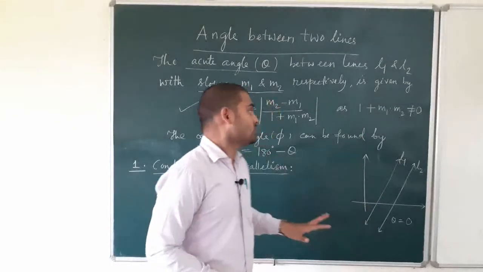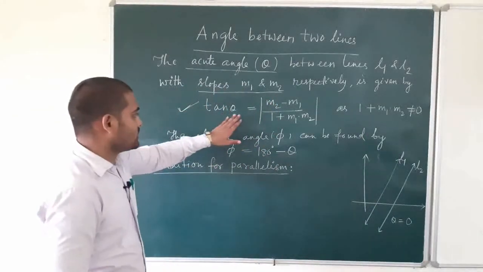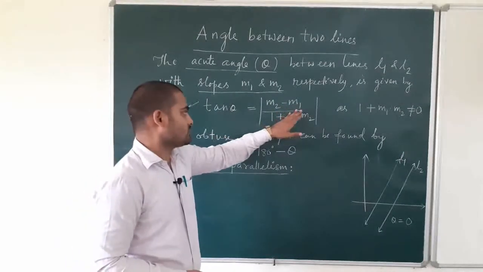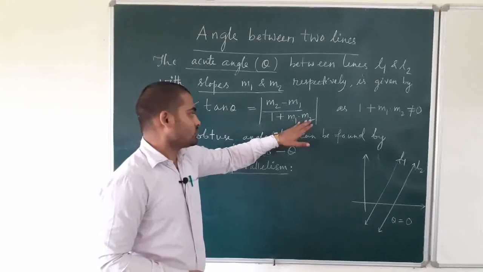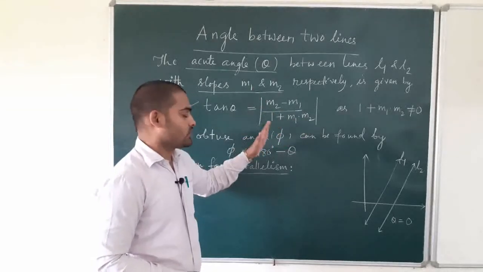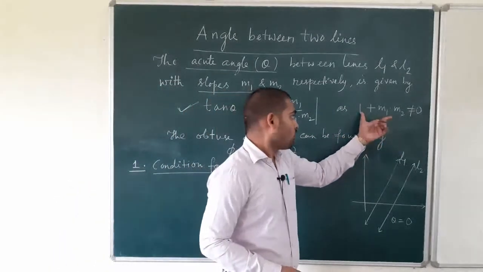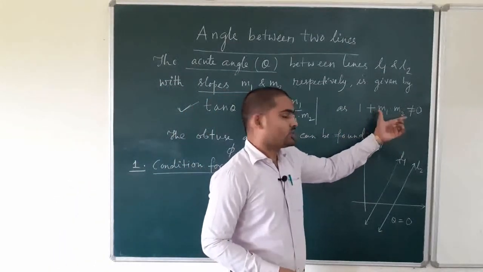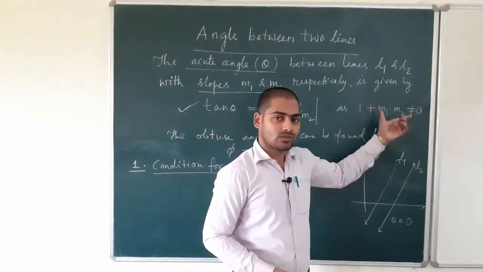Then we have tan theta is equal to modulus of m2 minus m1 by 1 plus m1 into m2, where 1 plus m1 into m2 is not equal to 0.